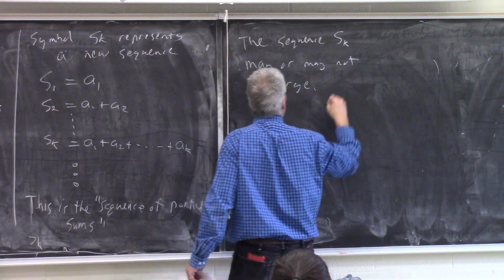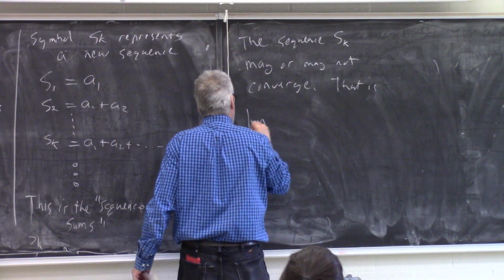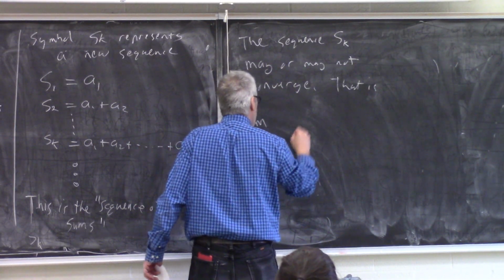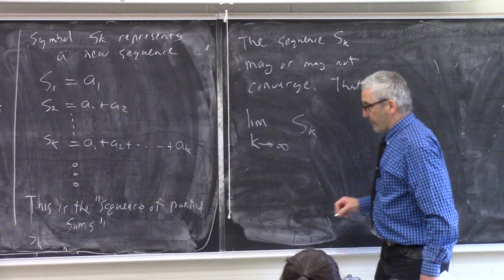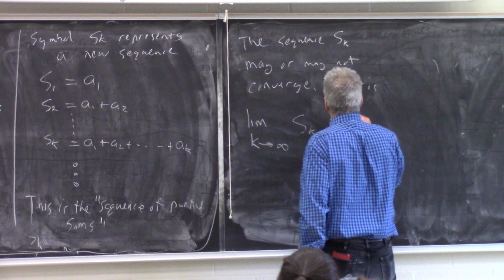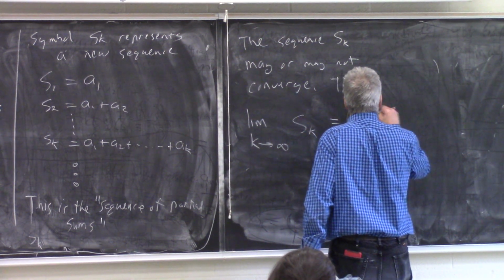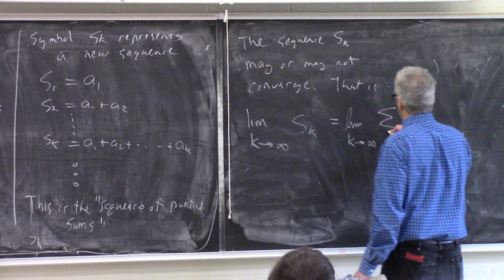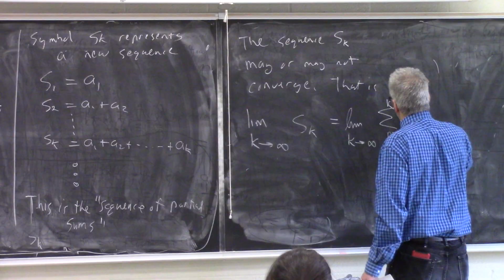So that is the limit as k goes to infinity of S subscript k. So that's the limit as k goes to infinity of the sum, n goes from 1 to k, of a_n.